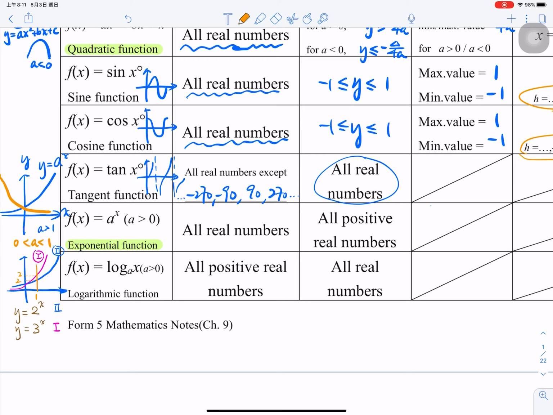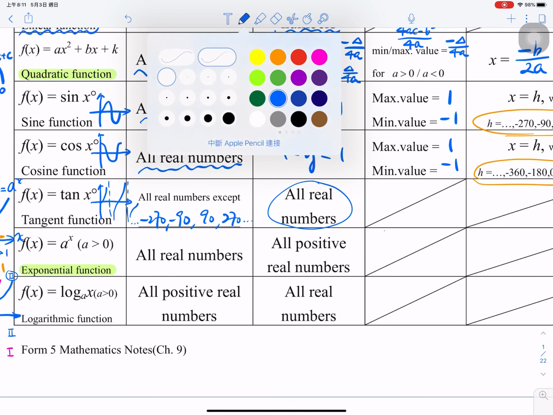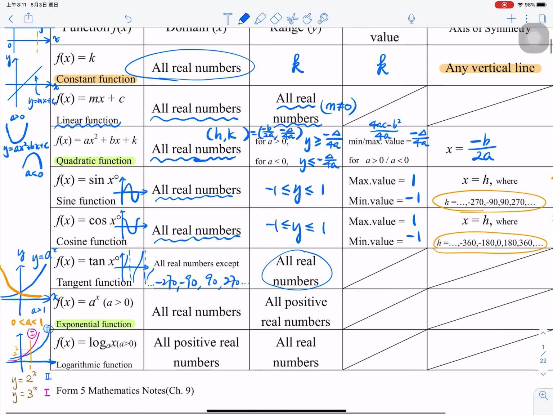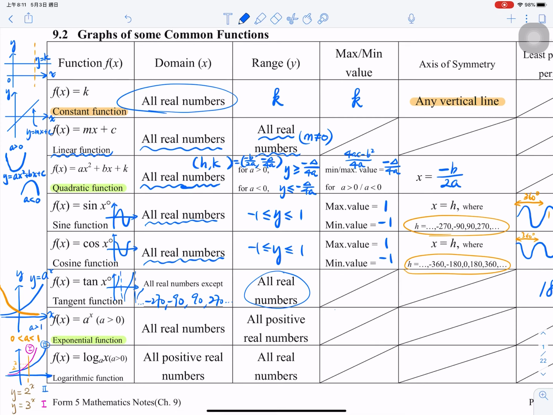Now have a look at the log function. Not finished yet. How about the domain and the range of the exponential function? Yeah, all real numbers as the domain of the exponential function.